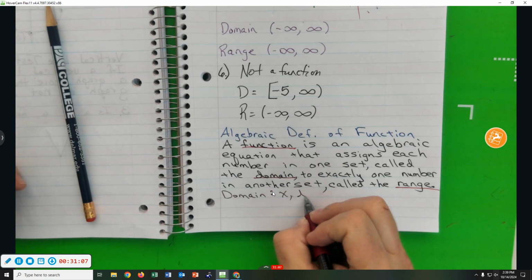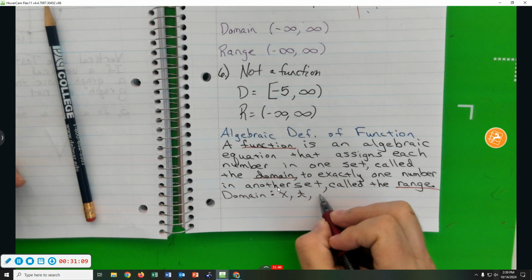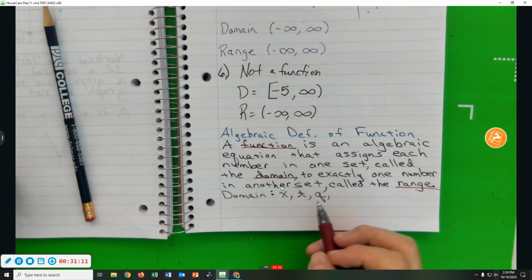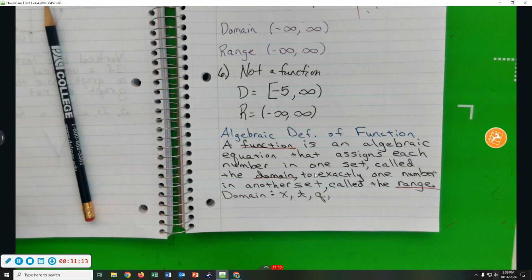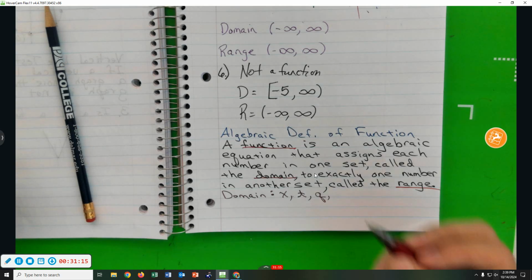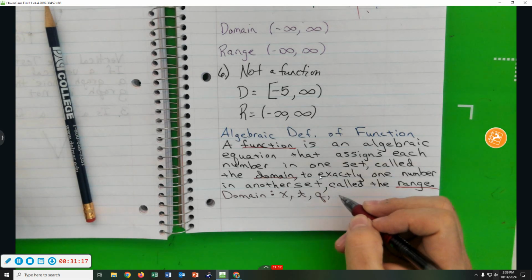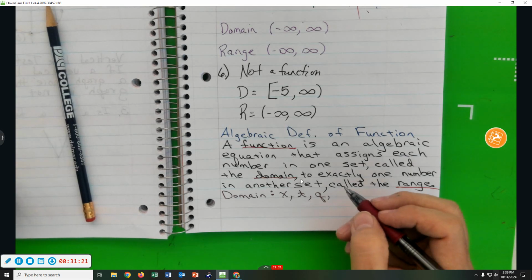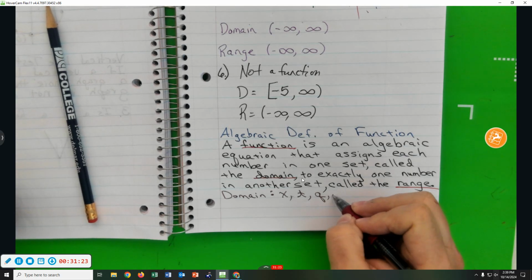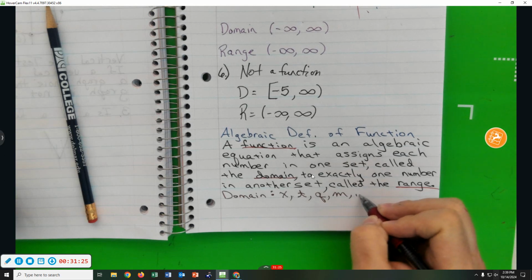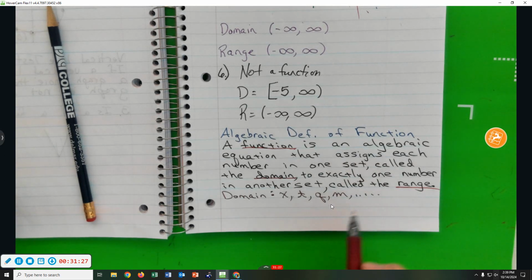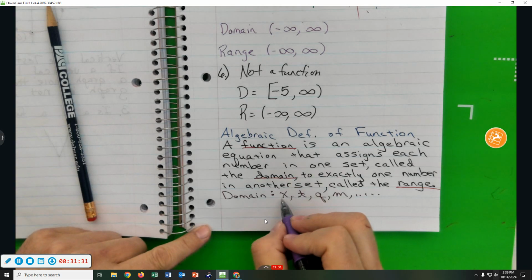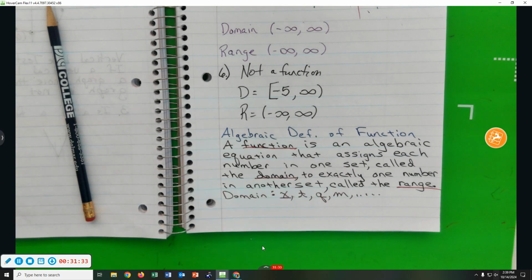You could use a T for time, a Q for quantity, I know we do that a lot in the business calculus courses, an M for money, what have you. So it can be any letter, but the most common letter for a domain value is the letter x.